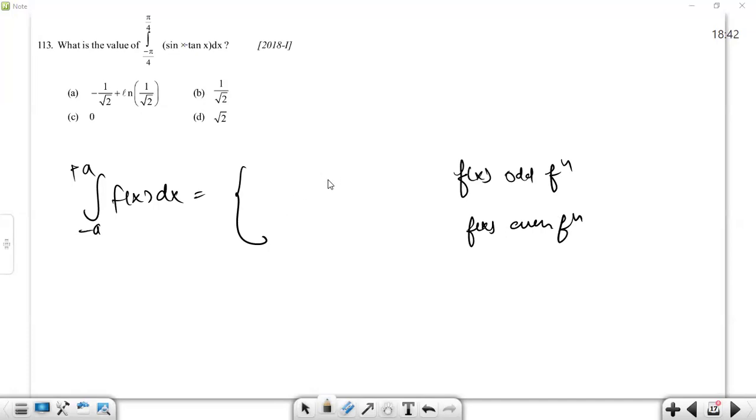Okay. So for odd functions, it becomes 2 into integration of f of x dx from 0 to a. For even functions, it becomes 0.